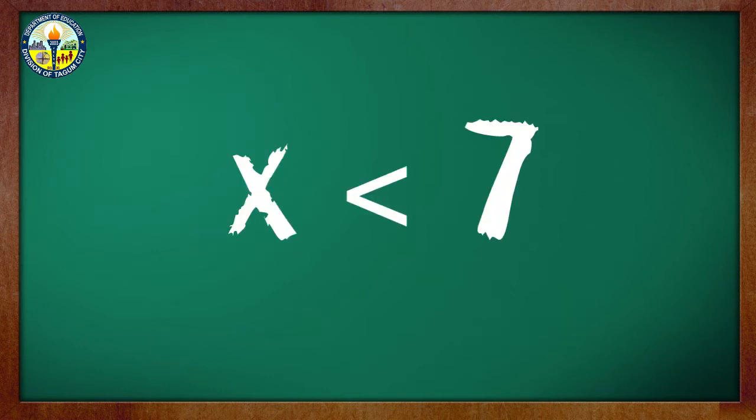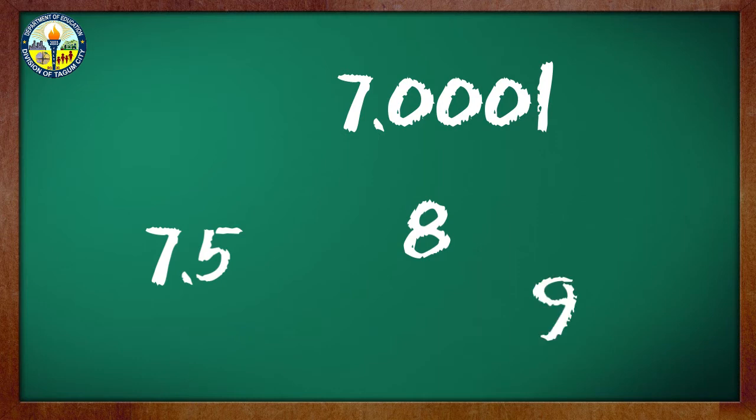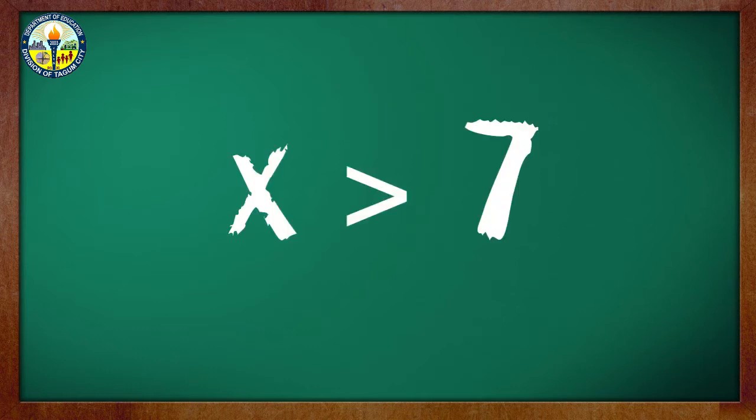In symbols, x is less than 7. But it can never be 7 because x is less than 7, and cannot be 8 because 8 is more than 7. It could also mean that x has a greater value than 7, like 7.001, 7.5, 8, 9, or higher, but can never be 7 because x is more than 7. In symbols, x is greater than 7.